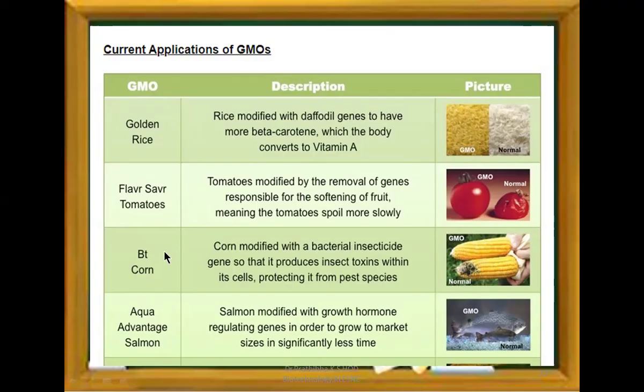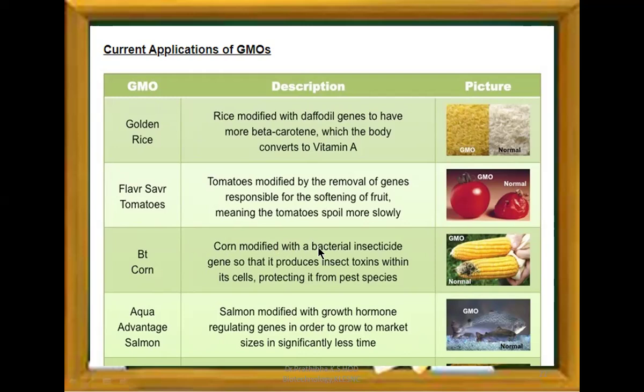Next is the most important application, Bt corn. Most students will say Bt means biotechnology. It's not biotechnology. Bt is Bacillus thuringiensis: B for Bacillus, T for thuringiensis. That is Bt corn.